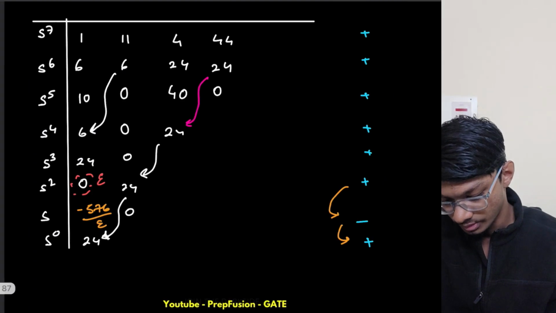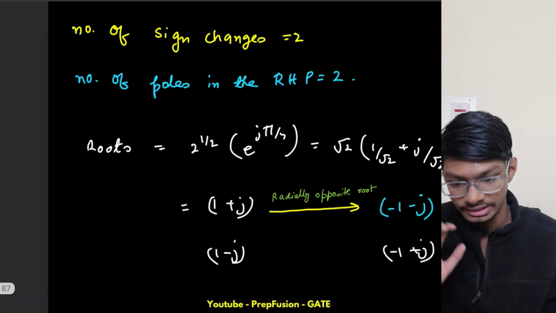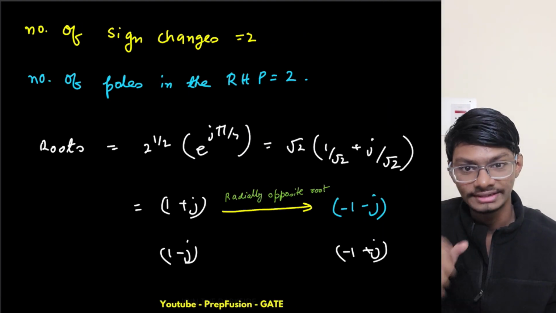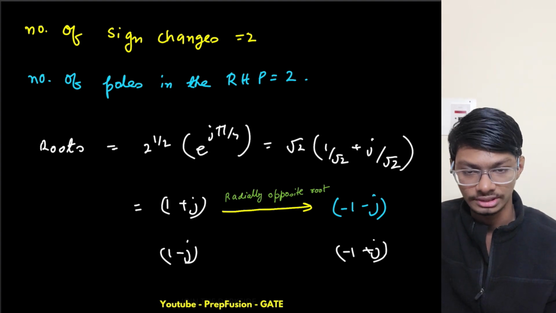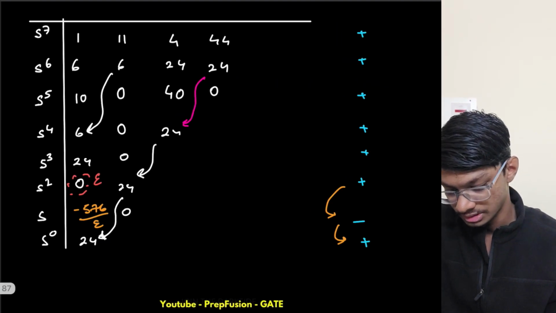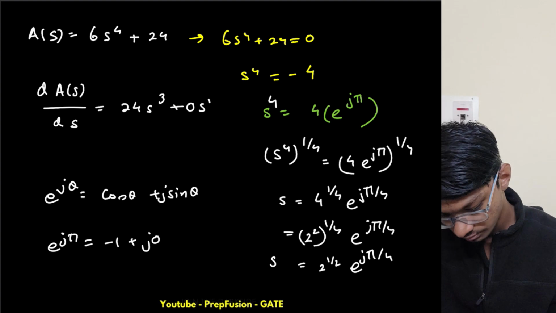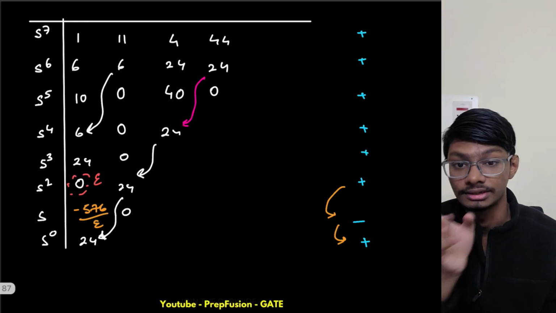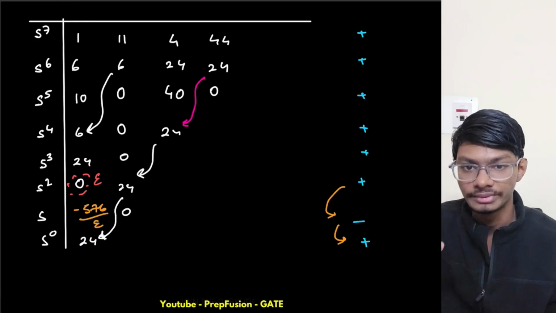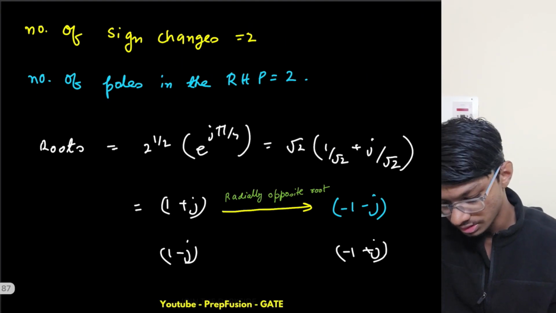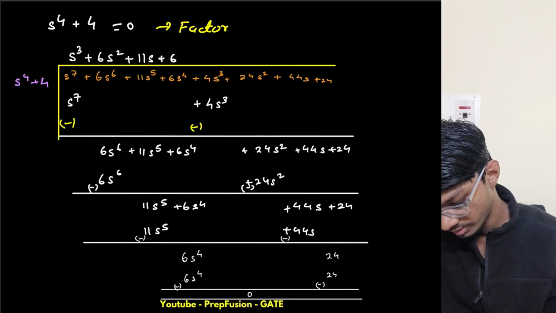So basically yeah, we did the roots also, so I hope you understand. I proved it to you that two of my roots are coming on the left hand side, and two of them are coming on the right hand side, and the remaining are coming either on the left hand side or the geometric axis. So these were my roots, right?